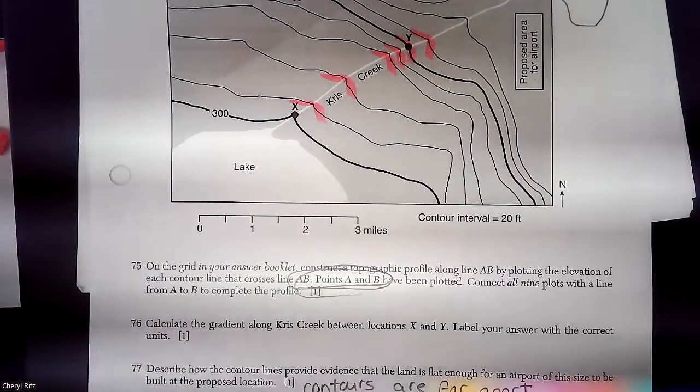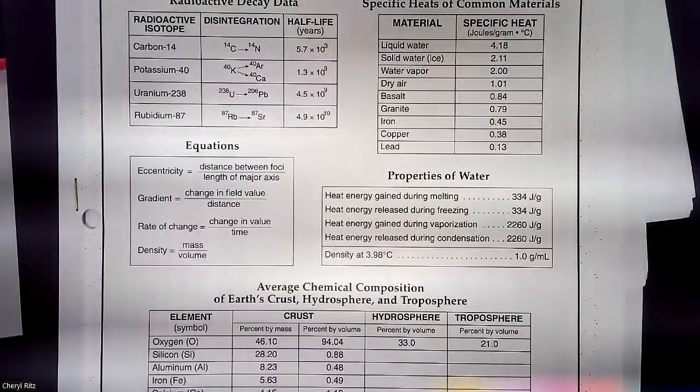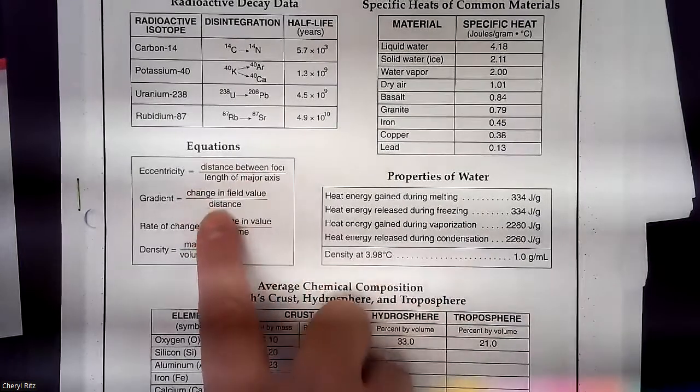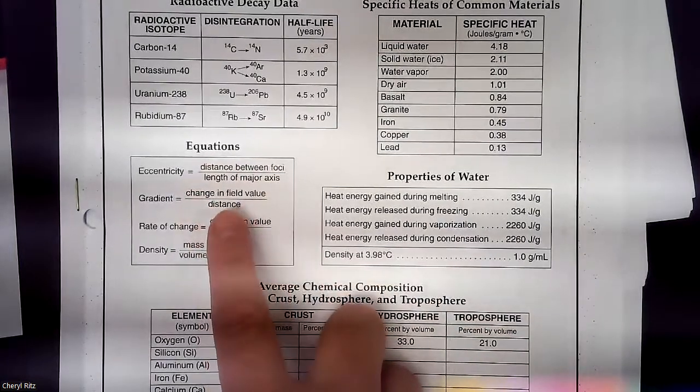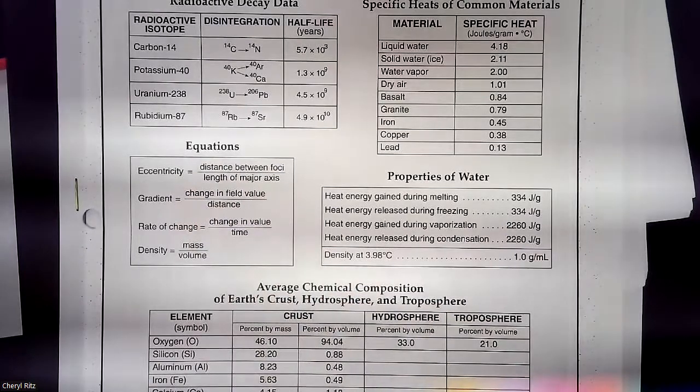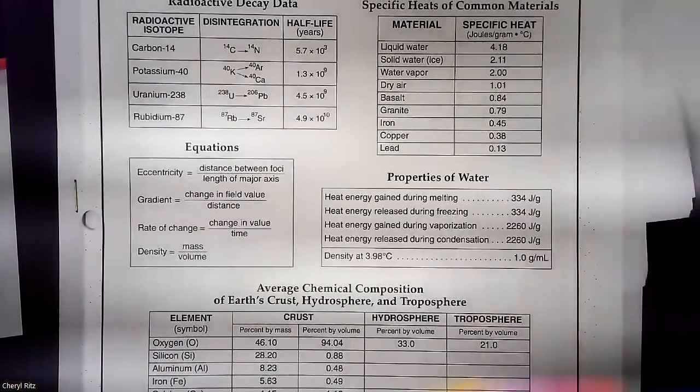So let me grab one here. When we do math, your gut instinct, anytime you have to do math in science class, is to find the equation on your reference table. So there is a gradient formula: change in field value divided by distance. Right on the top of page 34, we're going to start here.